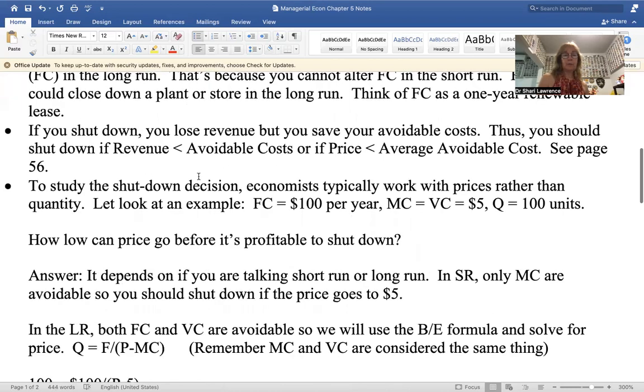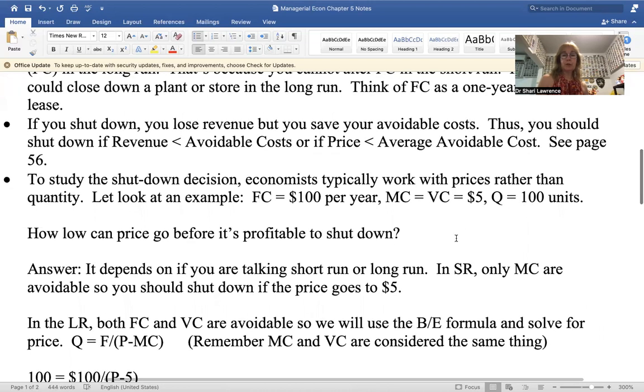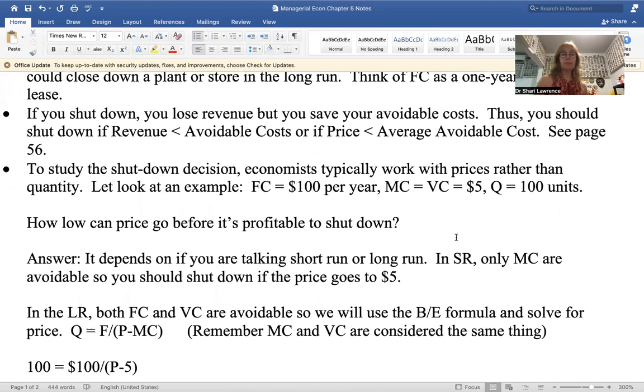In this example, the fixed costs are $100 per year. The marginal cost or variable costs are $5. And the quantity is 100 units. So the question is, how low can the price go before it's profitable to shut down? Well, the answer depends on whether you're talking about the short run or the long run.